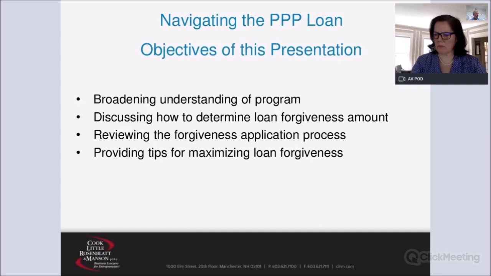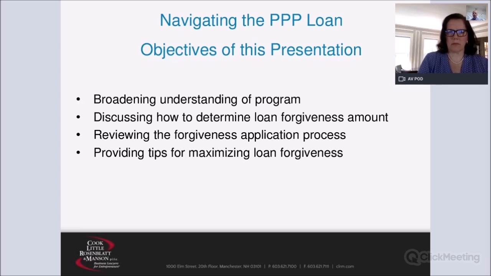Also, in talking about the loan forgiveness amount, you've got to, again, think about what the goal was. The goal really was in part to maintain staff, maintain headcount, maintain payroll. Those are kind of the primary purposes of the program. So when you're trying to figure out what you think should be forgiven, you've got to keep that in mind as a driving consideration. We also want to talk a little bit about reviewing the forgiveness application process.